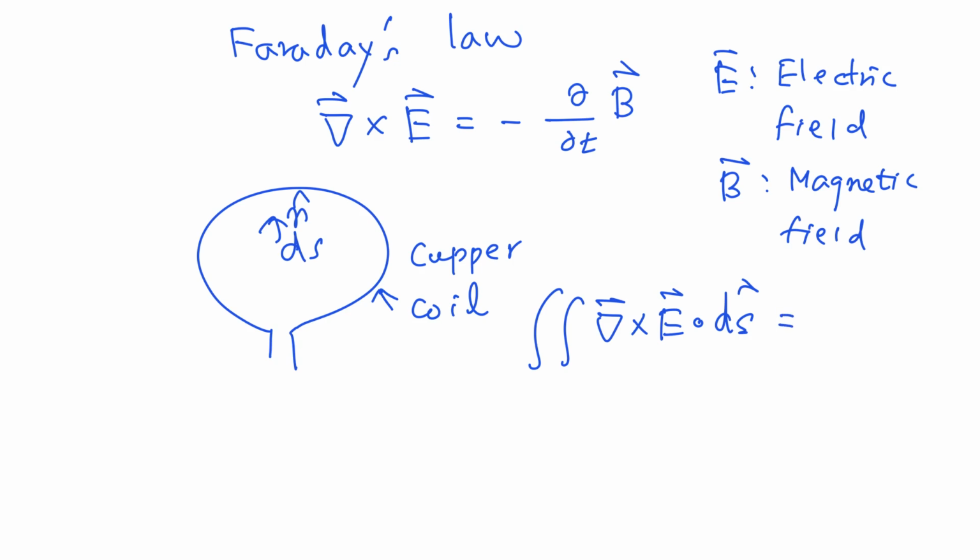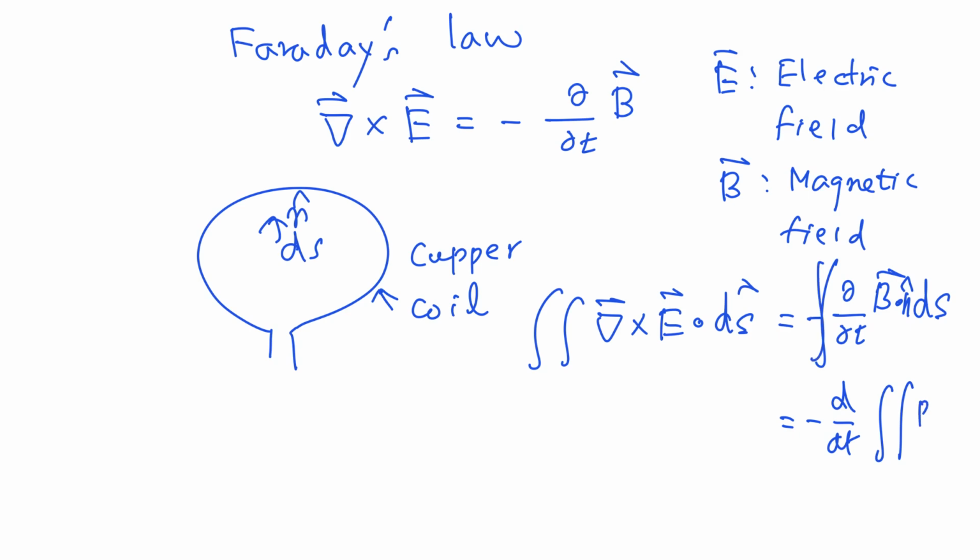It's the following: minus partial t of B dotted with ds. And this is actually minus d/dt of the integral of B dotted with ds. And this becomes this line integral, right? E dl.